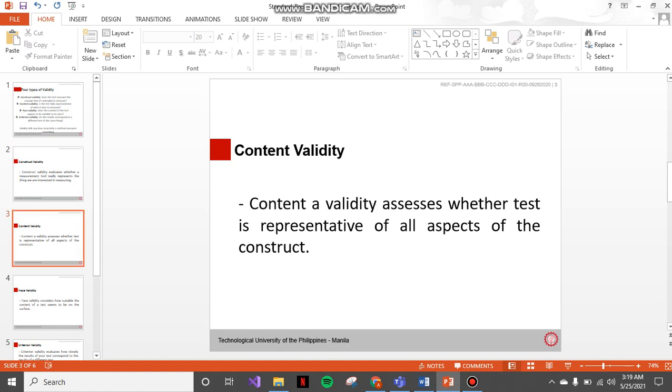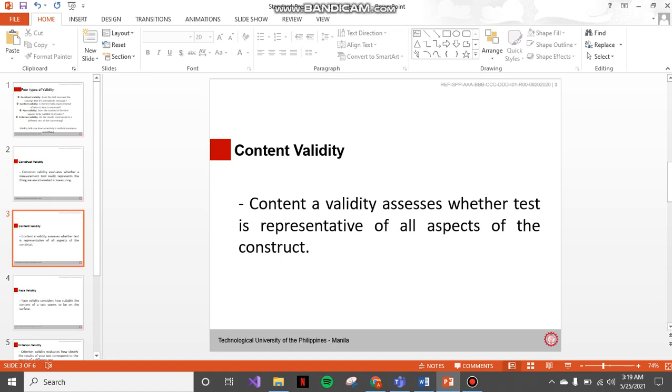So let's move on to the next one, content validity. Content validity assesses whether a test is representative of all aspects of the construct. This simply means that your assessment tool covers all the lessons that you have taught to your students.